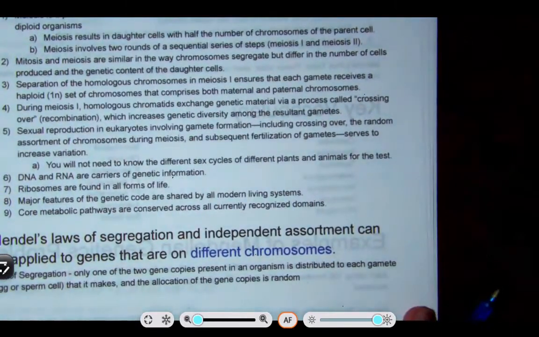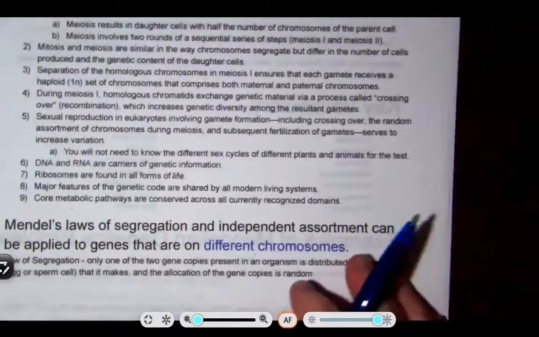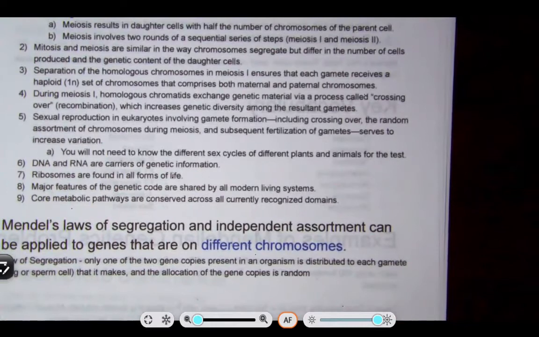During meiosis 1, homologous chromatids exchange genetic material via a process called crossing over or recombination, which increases genetic diversity among the resultant gametes, unless, of course, they're too close together, in which case we're going to see what are called linked genes. Sexual reproduction in eukaryotes involves gamete formation, including crossing over, the random assortment of chromosomes during meiosis, and subsequent fertilization of gametes serves to increase variation.